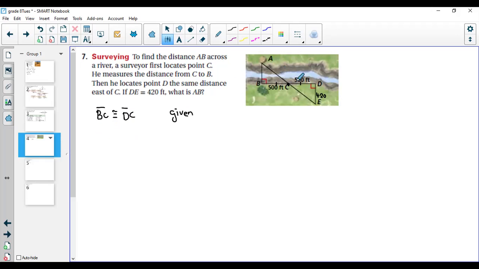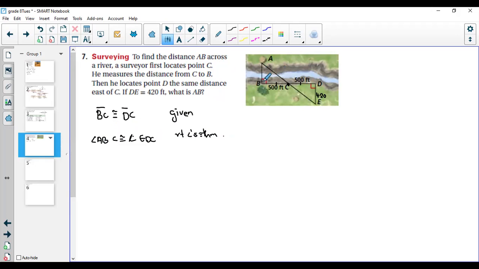Next one, they're talking about two angles. Now they already gave angle ABC is congruent to angle EDC, because of the right angles congruence theorem, right? Right angles congruence theorem.